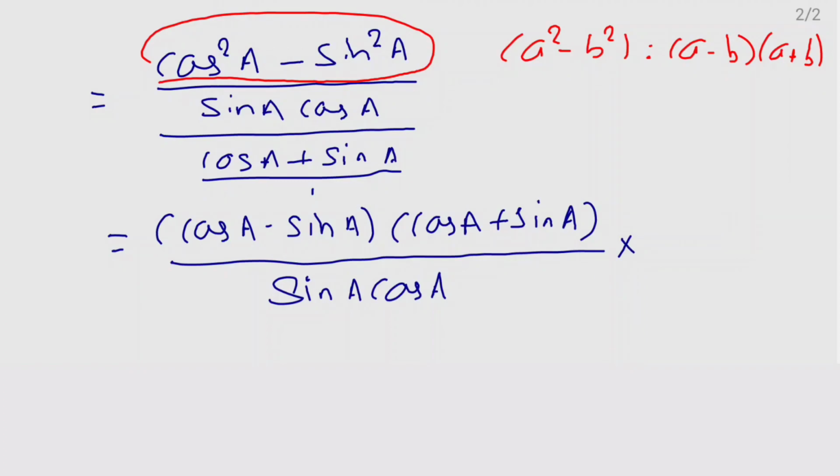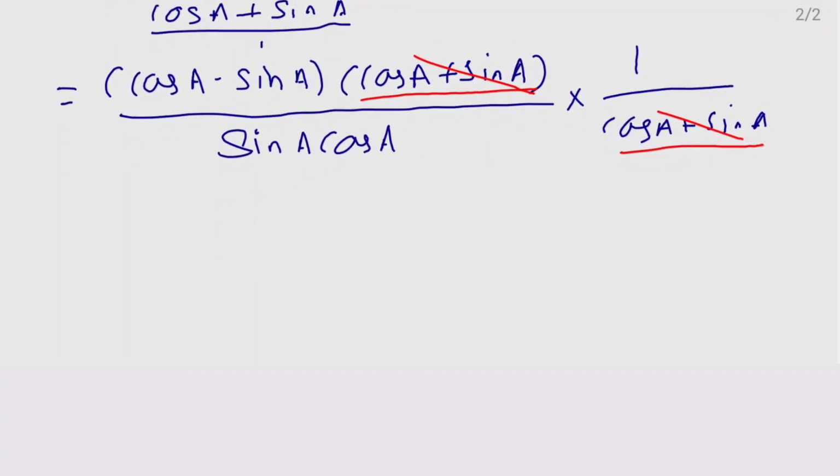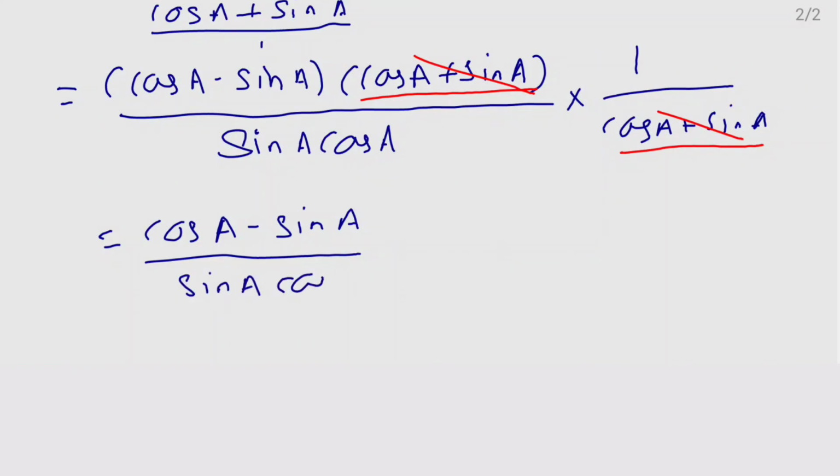That division we can write as a multiplication. That time it becomes 1 divided by cos A plus sin A. Now observe here, here is cos A plus sin A, and here also cos A plus sin A. These two get cancelled. So now write down remaining terms. So that is cos A minus sin A, this divided by sin A cos A. Is it clear?